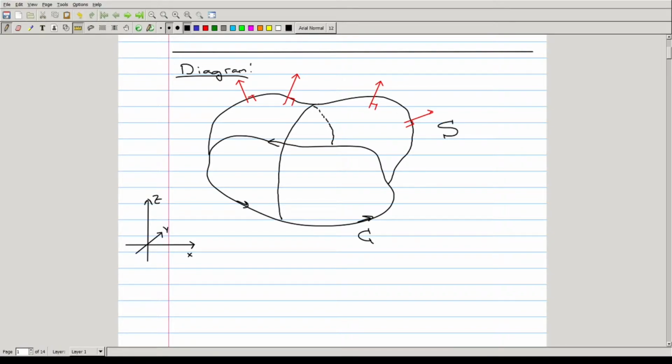Furthermore, assume that the surface is immersed in some vector field F. This is in general now a general vector field. So F has components P of x, y, and z, Q of x, y, and z, and R of x, y, and z. And we know that we can take the curl of F as well.